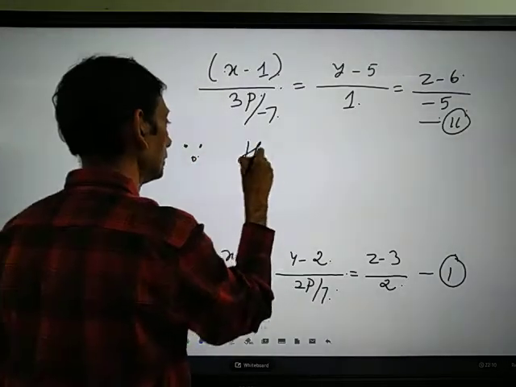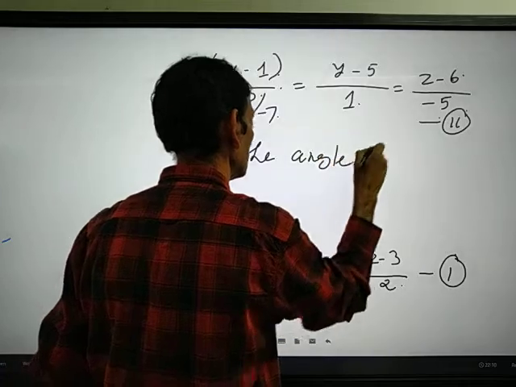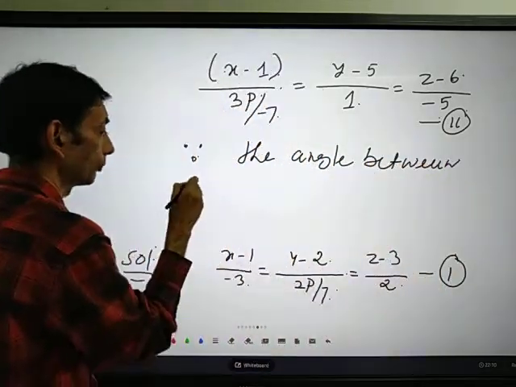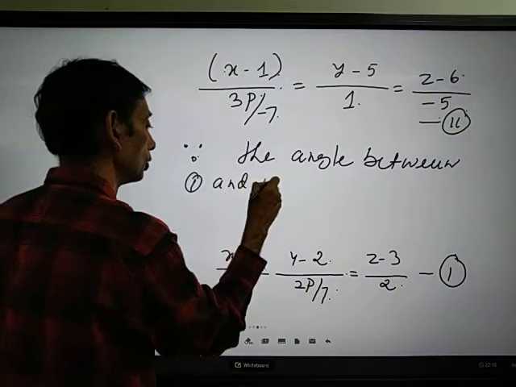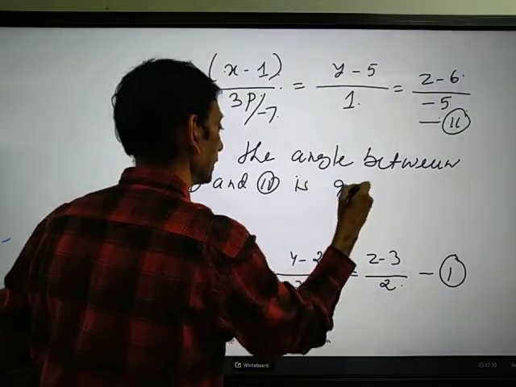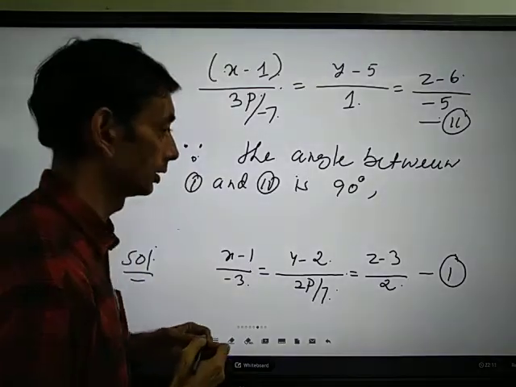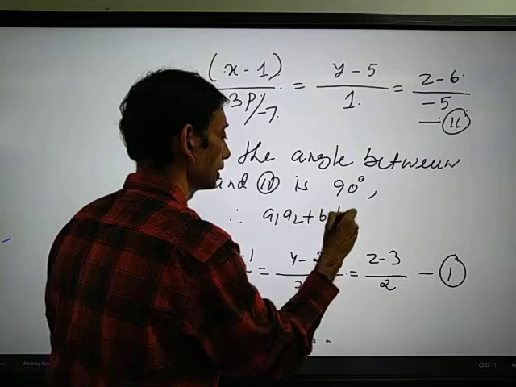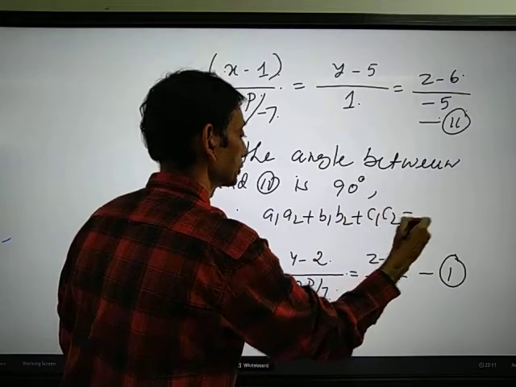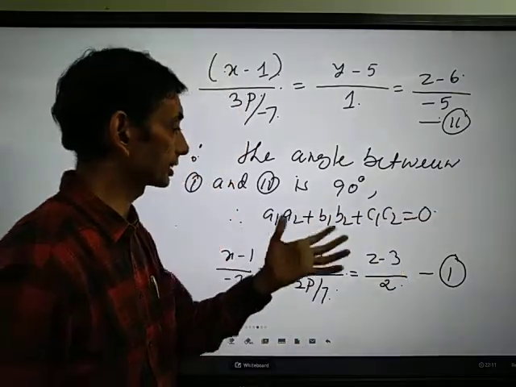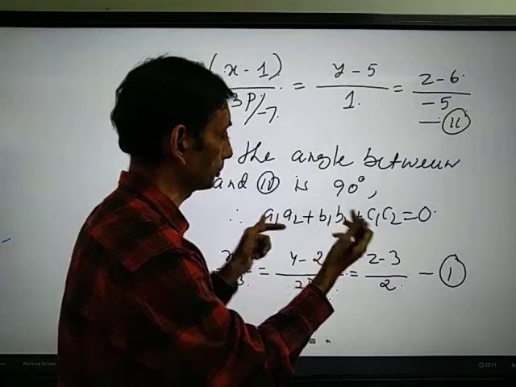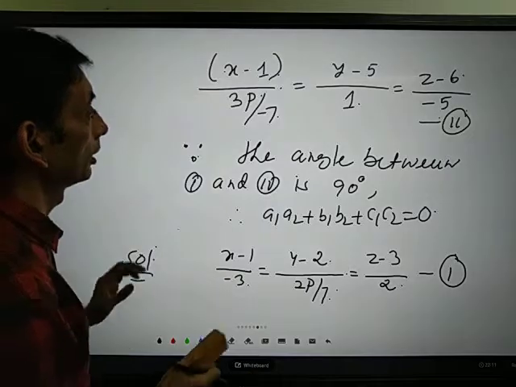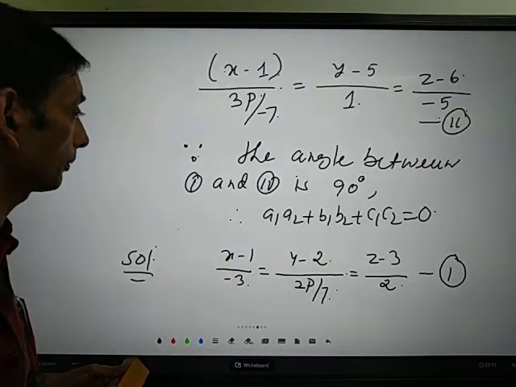Since the angle between 1 and 2 is 90 degree, therefore a1 a2 plus b1 b2 plus c1 c2 should be equal to 0, because cos theta is equal to a1 a2 plus b1 b2 plus c1 c2, which you have done in question 1. Okay, we need to substitute the values now.